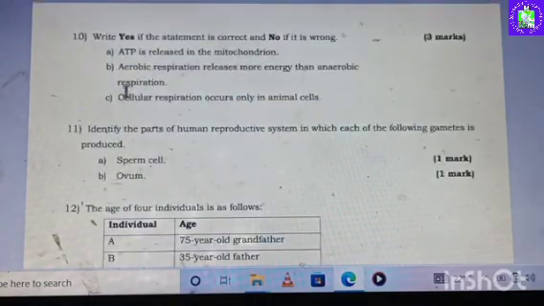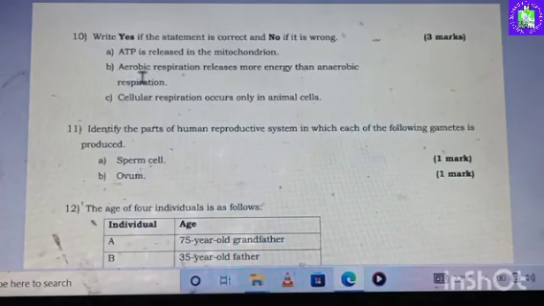Question number 10. Write yes if the statement is correct, or no if it's wrong. A. ATP is released in mitochondria. Yes, of course, because the function of mitochondria is to generate ATP.